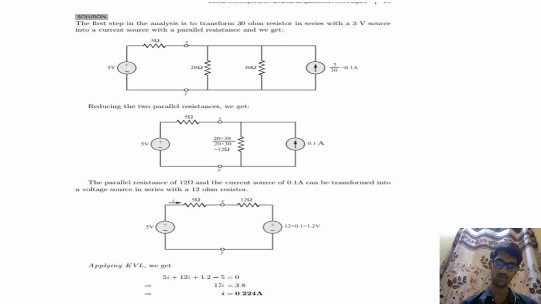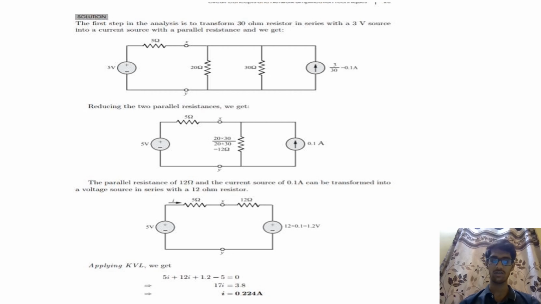By applying KVL across the whole loop, the equation we get is 5 into I. Let me first say what Kirchhoff's voltage law is. It is the summation of all the voltage values in the circuit.